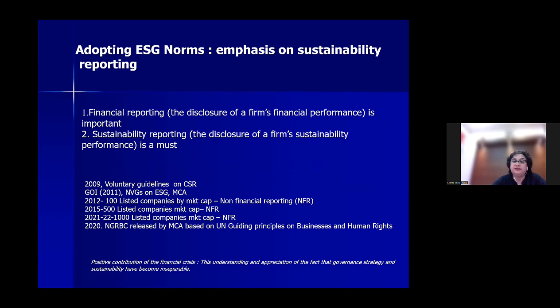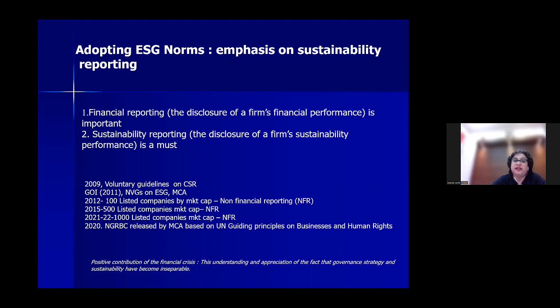Entities the world over, including India, should understand that it is not only the financial ratios which are important, it is very, very important that they should be held accountable for the resources which they have been using, which are available freely to one and all, and the damage which they have been doing to society as well as to the communities, or the damage which they have been causing to climate change.